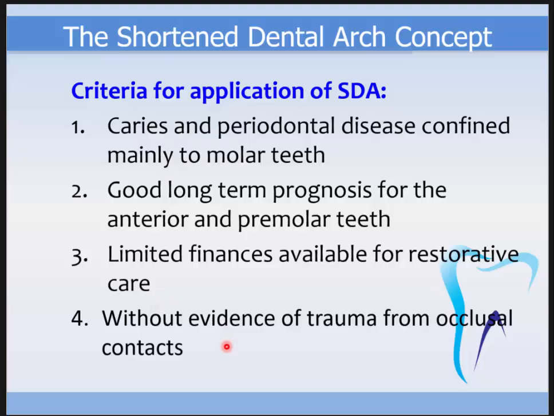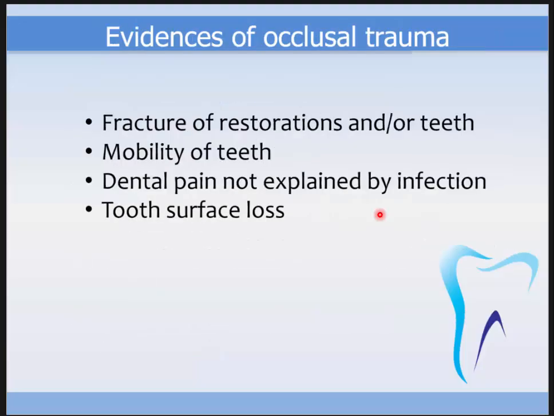And also in cases where we don't see the patient suffer from any occlusal trauma, there's no heavy contact on the remaining teeth. So how do we know if the patient has occlusal trauma?